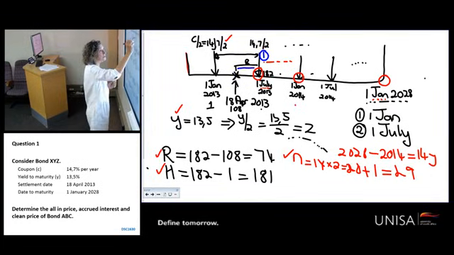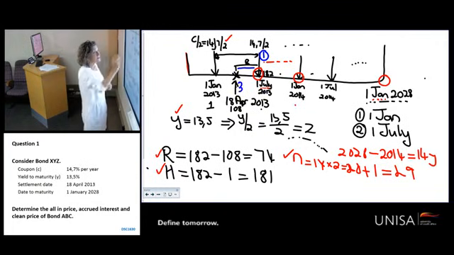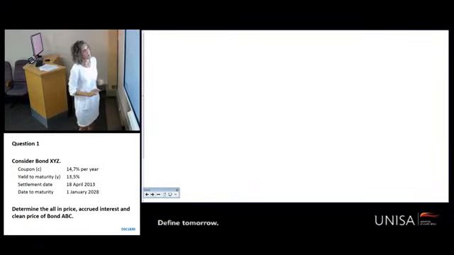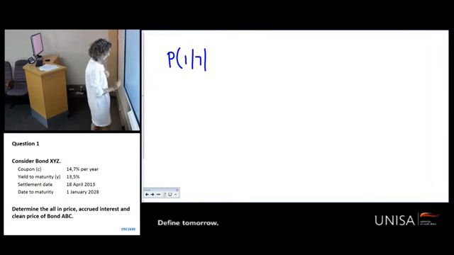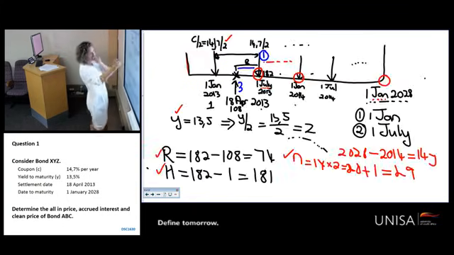And then lastly, I'm going to get the value at my settlement date by moving it back. So I'm going to get the price on the 1st of July 2013.